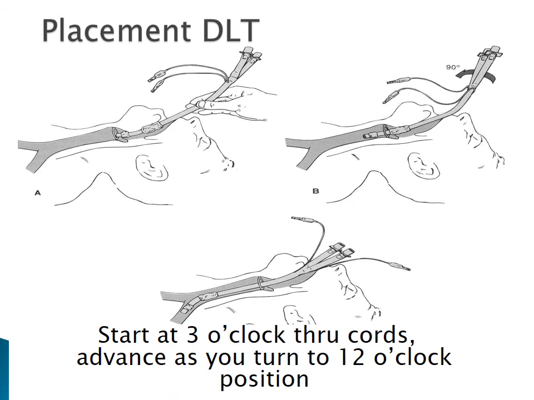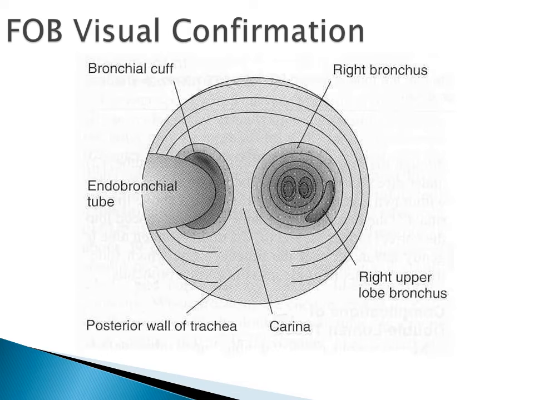So this is kind of what you're going to be looking at as you go down. This is your carina here. Okay, so you've got your bronchoscope, you're looking out the end of the tube here. So your bronchoscope's right here at the end of the tube. This is what you're looking at, the carina.